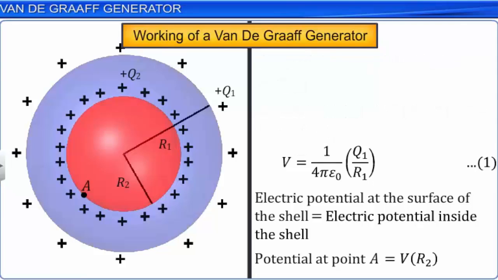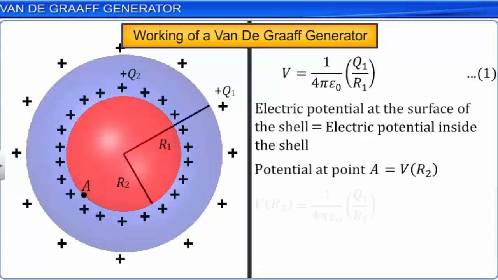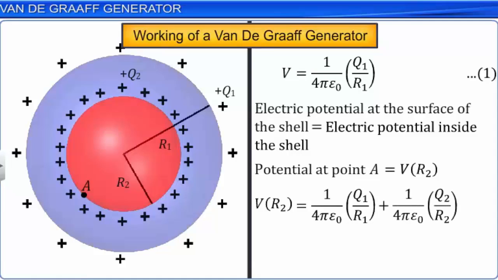Then VR2 is equal to 1 by 4 pi epsilon naught Q1 by R1 plus 1 by 4 pi epsilon naught Q2 by R2. Here, 1 by 4 pi epsilon naught Q1 by R1 is the potential due to the charge on the outer sphere.